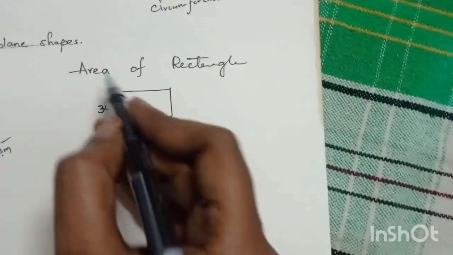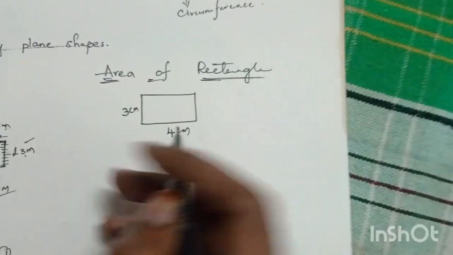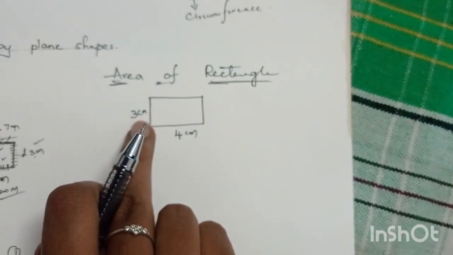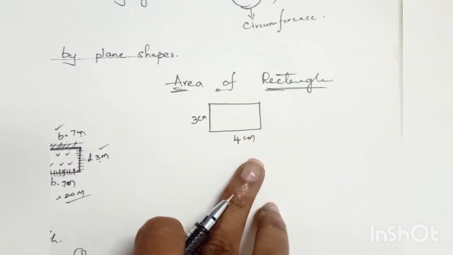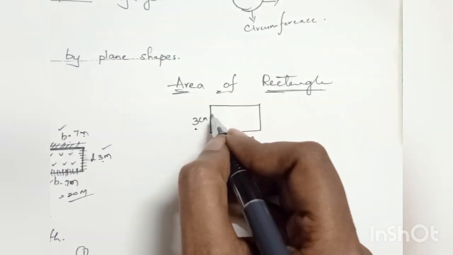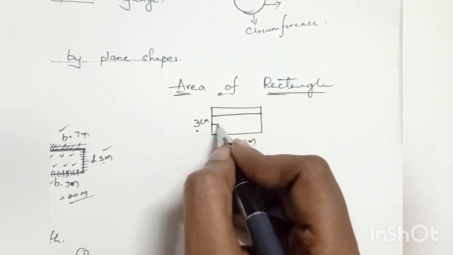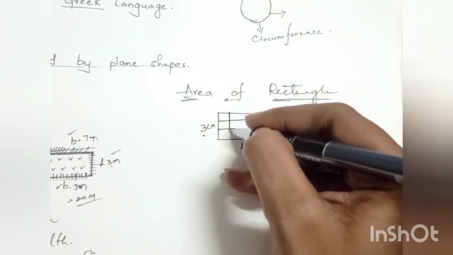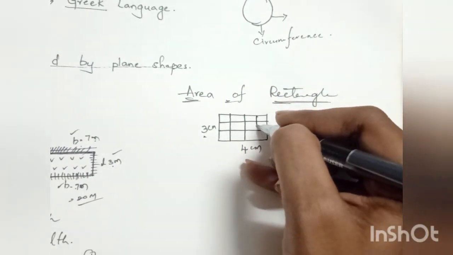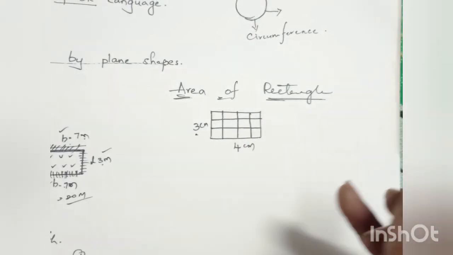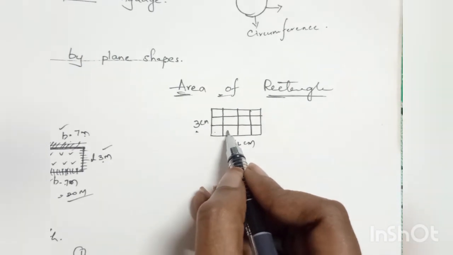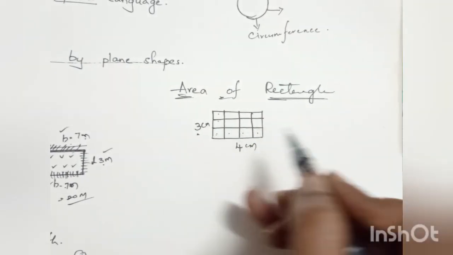Remember this point. So let's come back to the area of a rectangle. Here the length is 3 and the breadth is 4. What does that mean? If I make the rectangle into equal squares, this side will be 4 and this side will be 3.